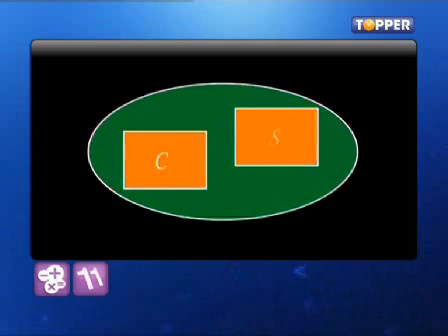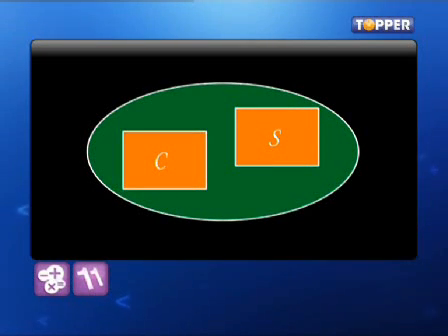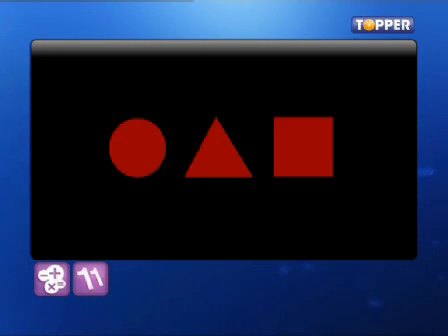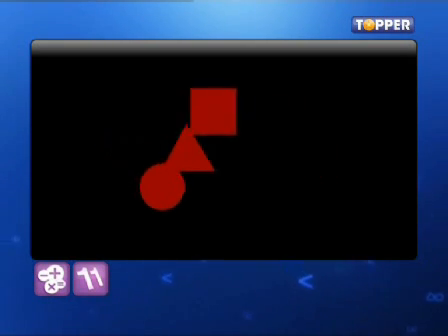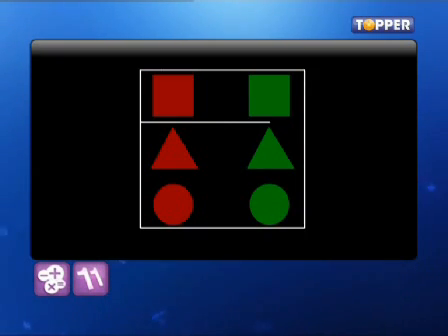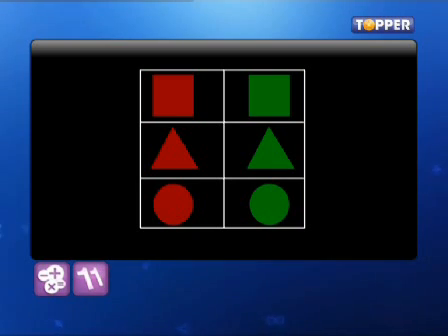Now we can describe the entire collection as a product of the 2 sets C and S. Fix an element in the set of colors C and then range it over the shapes in S. Fixing the color red, we get the pairs red circle, red triangle, and finally red square. Similarly, you can get the rest of the pairs. Putting these pairs into one big set gives me the collection of shapes that I have out here.